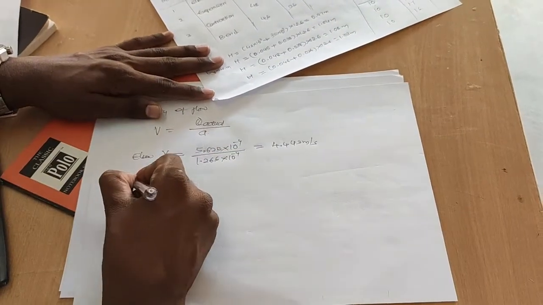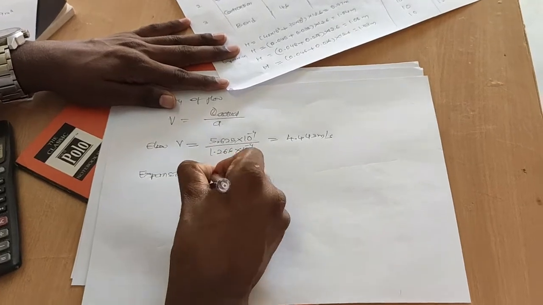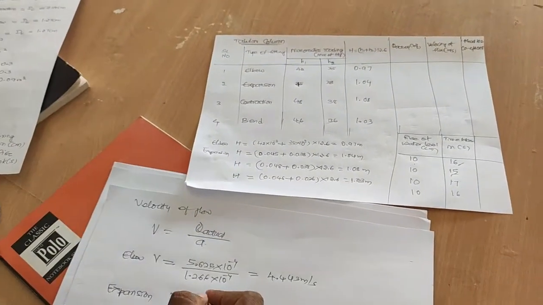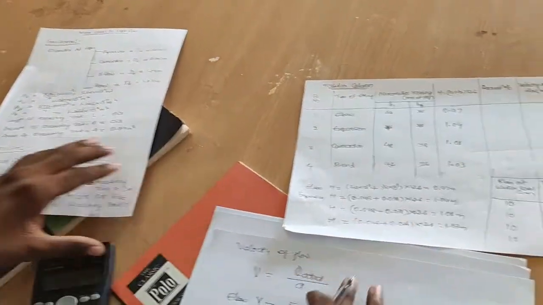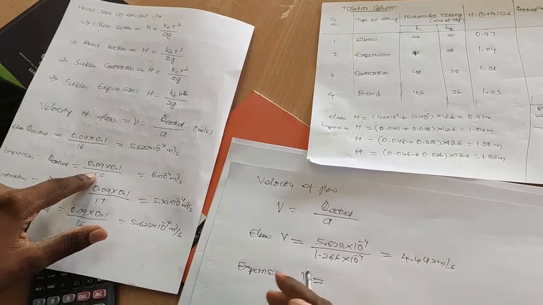So for expansion velocity, how much it will be for Q actual for expansion section?